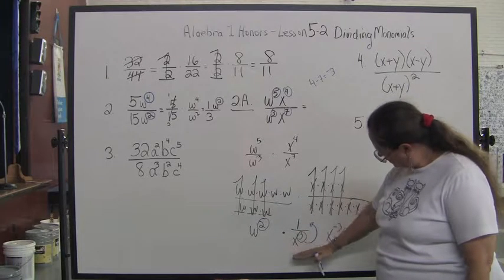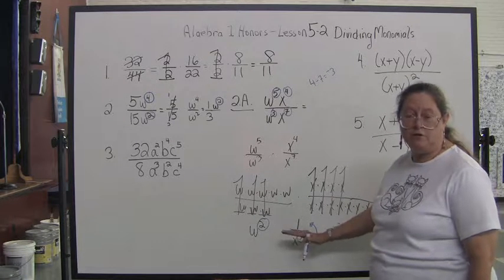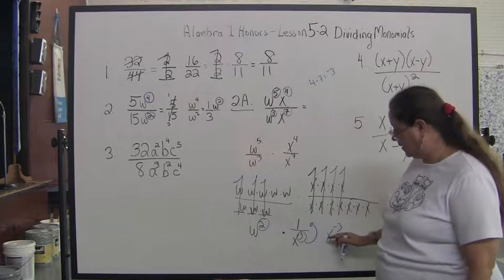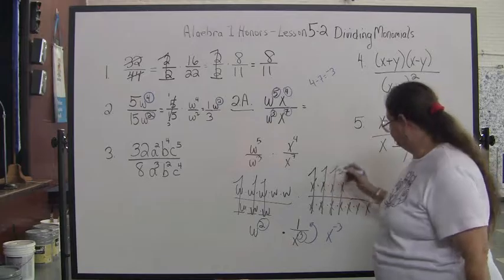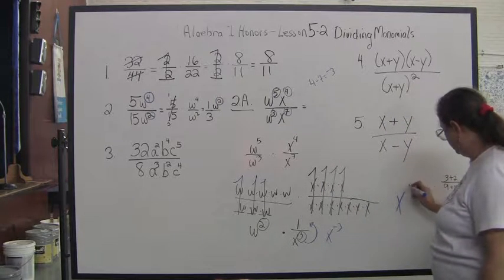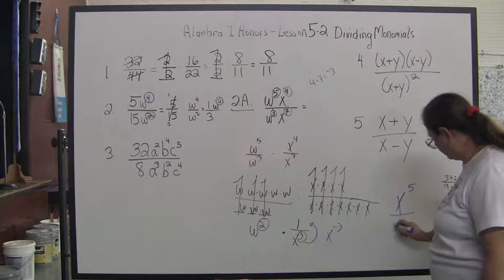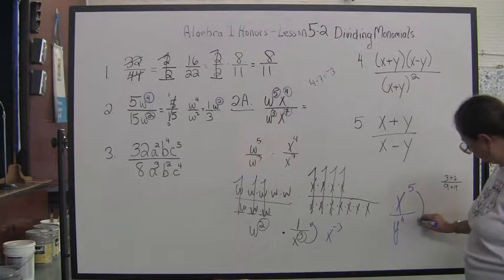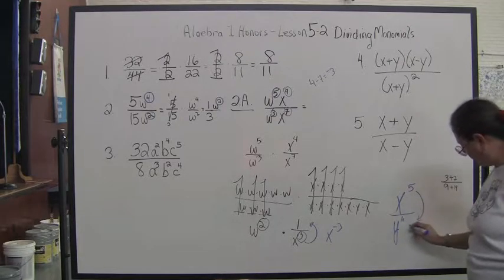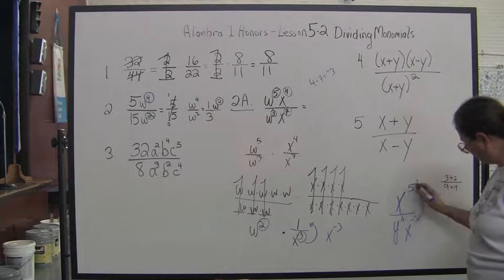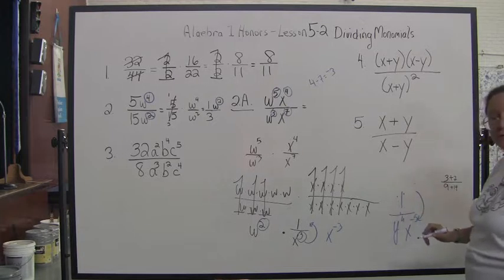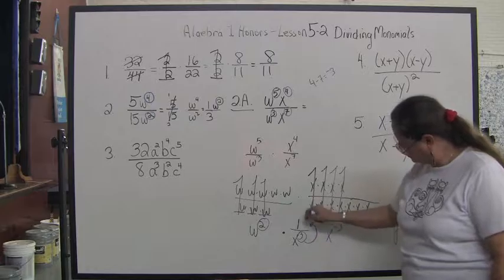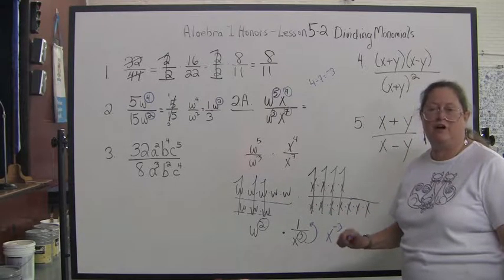So whenever a variable with an exponent is in the denominator, if it's positive, when you drag it up into the numerator, it becomes negative. If it's up in the numerator, like x to the 5th over y to the 4th, if I take this and drag it down underneath, then it's going to be x to the minus 5, and there'd just be a 1 left up here. Okay? So with exponents, dragging them across the fraction bar changes their sign.